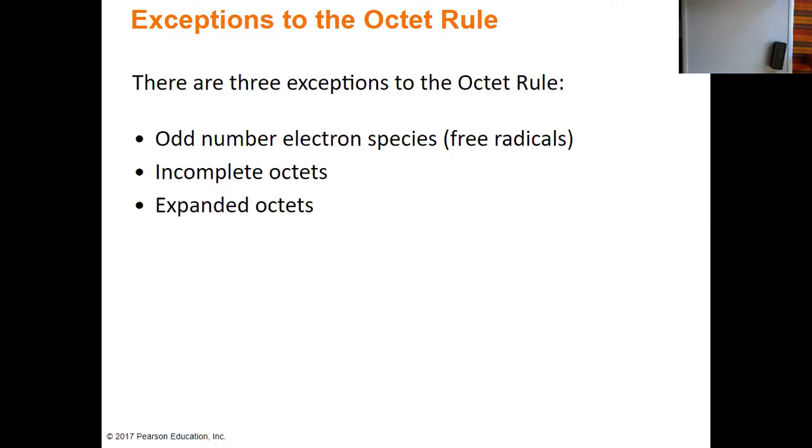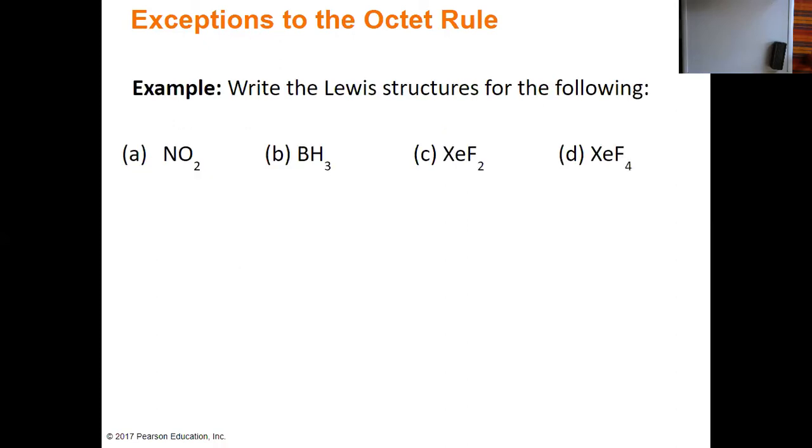Those are elements that have a lot of empty d orbitals, which allows them to actually hold more than 8 electrons when they are reacting with some different species. Okay, so let's look at these examples here, writing the Lewis structure for the following, and we're going to see an example of each of the situations that I just mentioned.